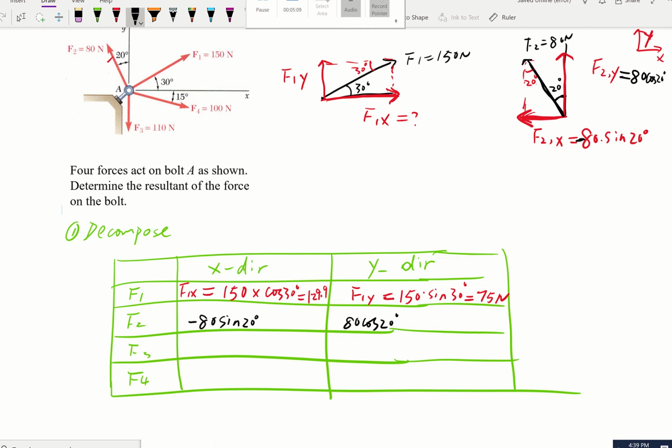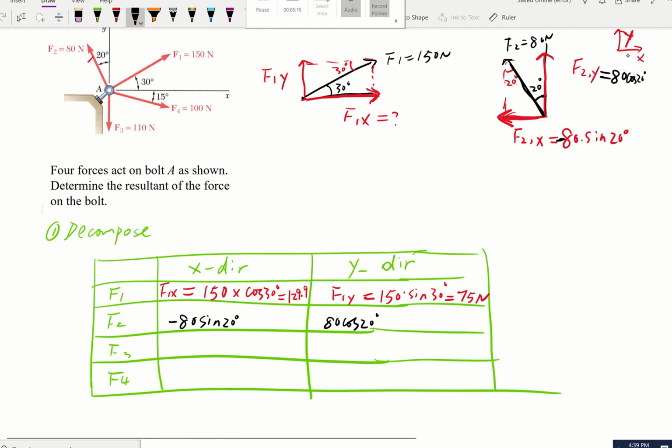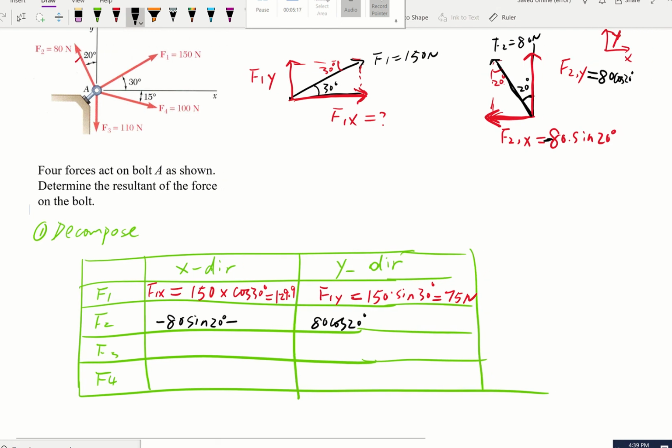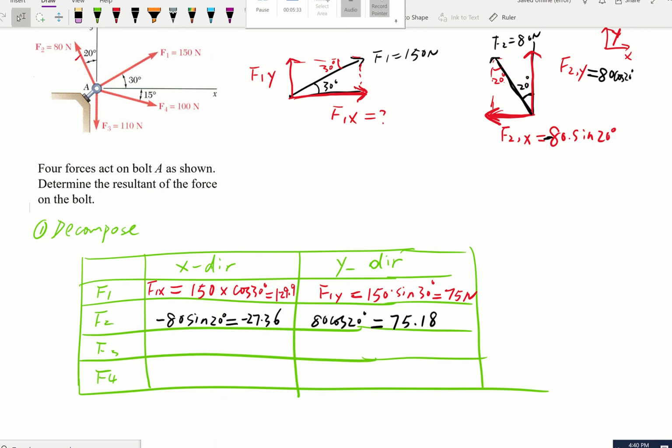Let's put it into the calculator. 80 times sine 20 gives us a value of negative 27.36. And for y, 80 times cosine 20 degrees gives us 75.18 Newton. All right, we did 2 and have 2 to go. We're going to use the same method on the remaining ones.